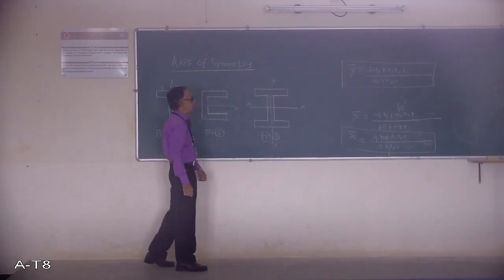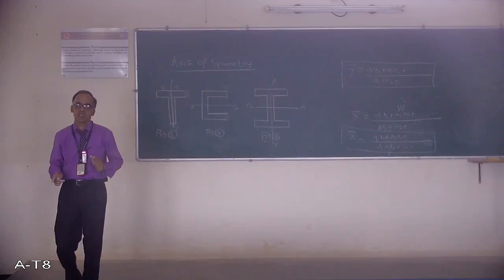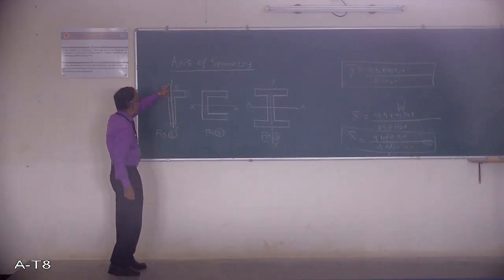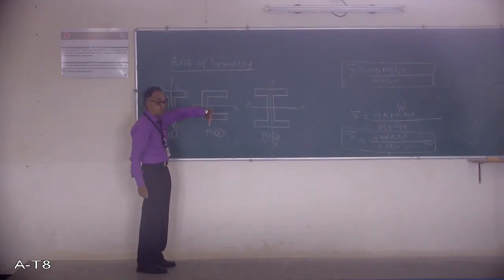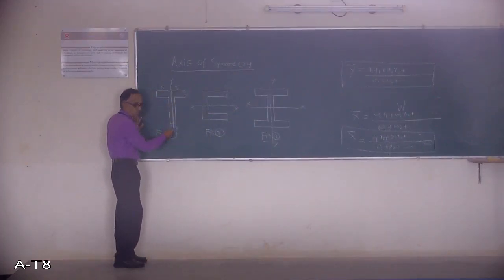So now, how does this play an important role? I told you, we are discussing what is called the axis of symmetry. The first one is symmetrical over the y-axis. The second one is symmetrical over the x-axis. The third one is symmetrical over both axes. Now, when the given figure is symmetrical over the y-axis, whatever the figure on the left side, the same figure is on the right side, and the centroid is going to lie on this axis.